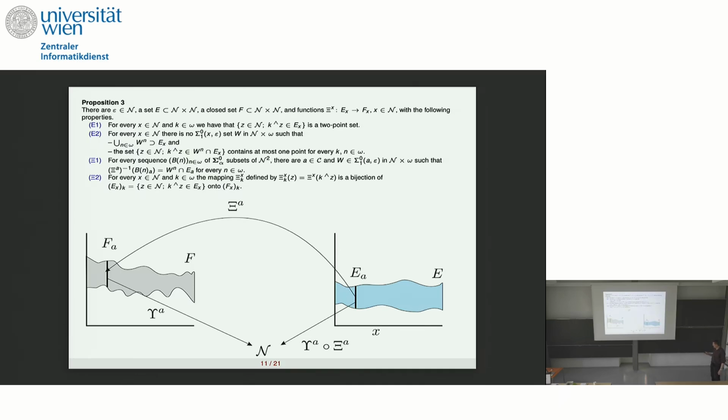So the mapping xi A goes from this section onto this section, and the property, let me repeat it, the property xi1 says that if we take some family of sets from the class sigma 0 alpha, then we can find some A here, and the corresponding family of sets W, such that we have this reduction.